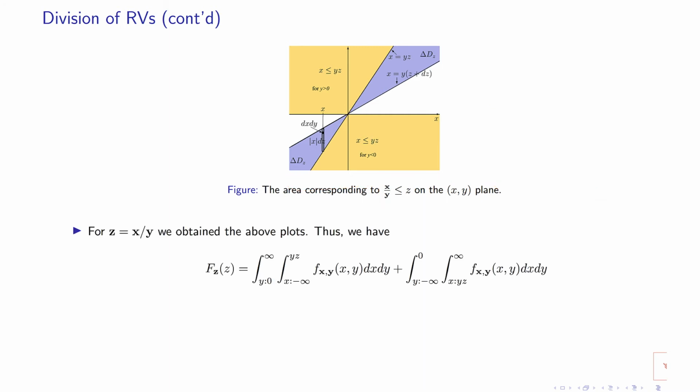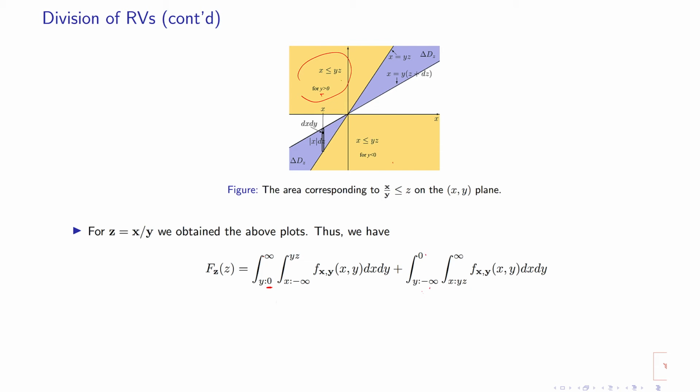Therefore, for the yellow area, I have to put the boundary of this integral such that it covers the yellow area. But the yellow area has two parts, so I need to write two integrals. The first integral covers one of these two and the second one covers the other. You see that the distinction between the upper one is that y is positive, so y starts from 0 to plus infinity, and in this one y varies from minus infinity to 0.